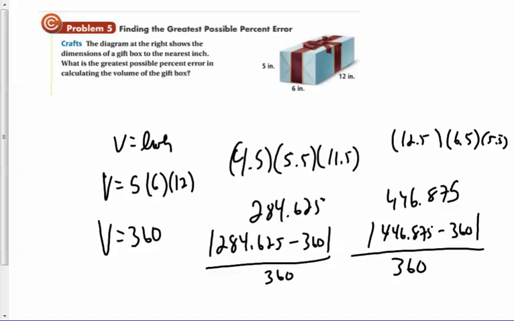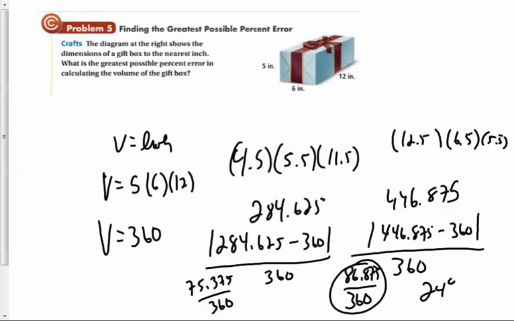If I do those calculations, this one gets me a difference of 75.375, so 75.375 divided by 360. And this other one gives me 86.875, and I'm going to divide that by 360. So which one am I going to use? I'm going to use this one. This gives me the greatest percent error, and that comes out to be about 24%.